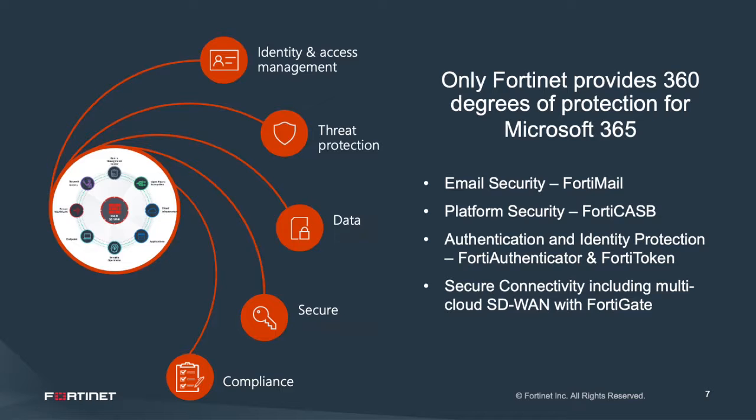Then there's identity and access management. We actually have a pretty good solution called FortiAuthenticator, and a mobile token for it called FortiToken. For the connectivity side, we are doing SD-WAN and also SASE solutions, Secure Access Service Edge.